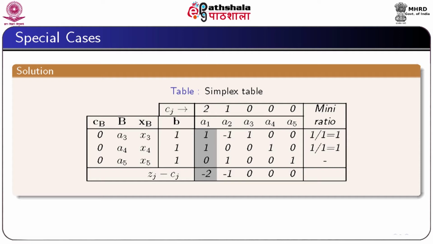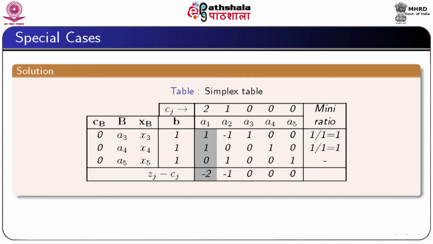In the first iteration, the vectors a3, a4 and a5 are in the basis and the value of z1 minus c1 is most negative. Hence, a1 is the entering vector. The minimum ratios show that there is a tie in selecting the departing vector. Either a3 or a4 can be chosen as the departing vector.